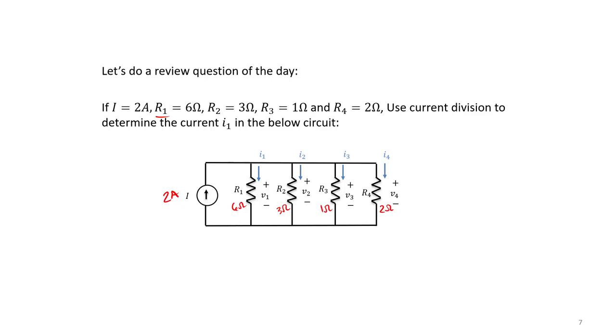We are told to use current division to determine the current I1. Why don't you go ahead and pause the video and give this a try. And when you're ready, you can hit play. See if you get the same result as I did.